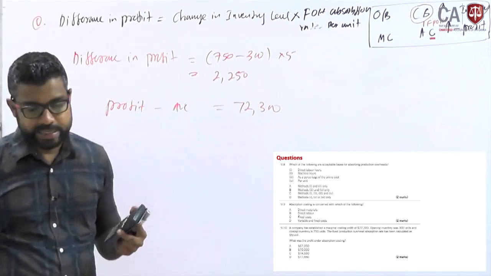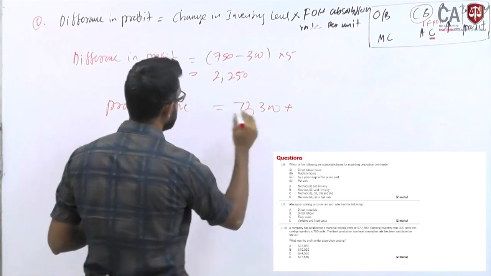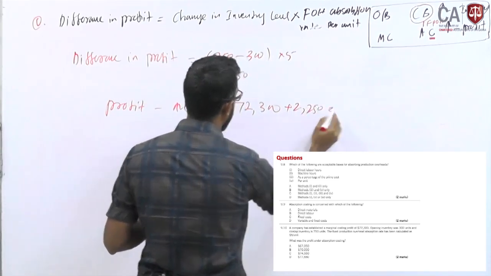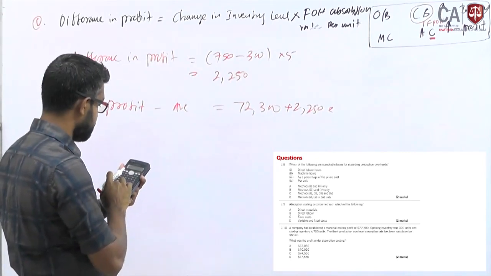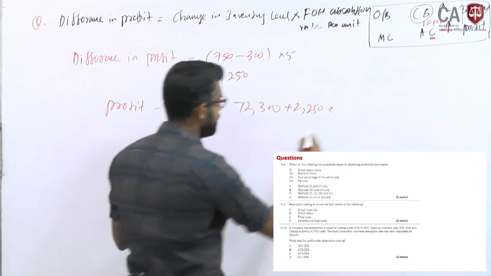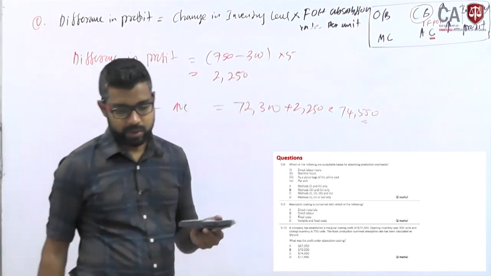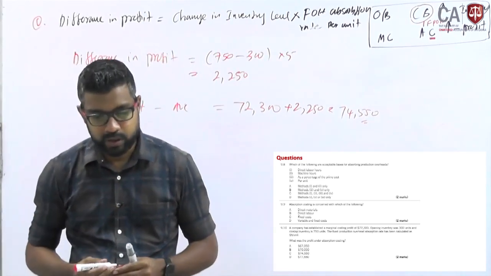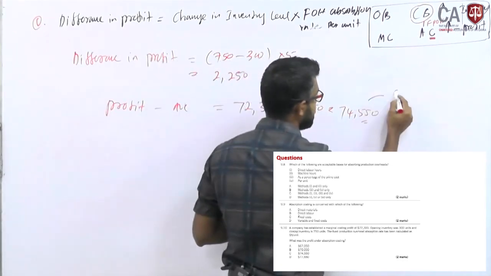Opening inventory to closing inventory has increased, therefore absorption costing profit should have increased, so you have to add this 2,250 to 72,300. That is 74,550. 74,550 is reflected in answer C. The correct answer is C.